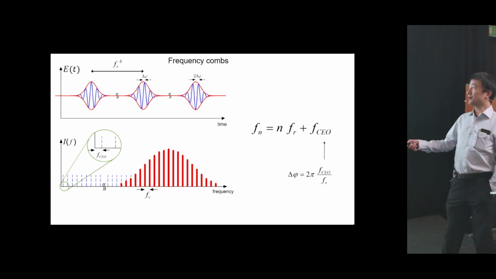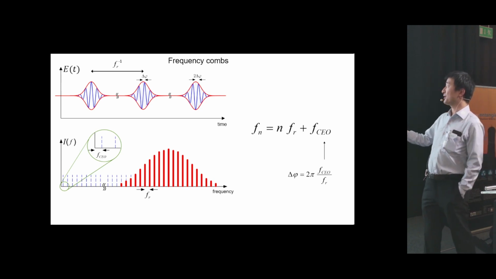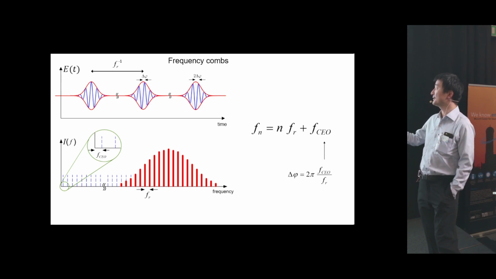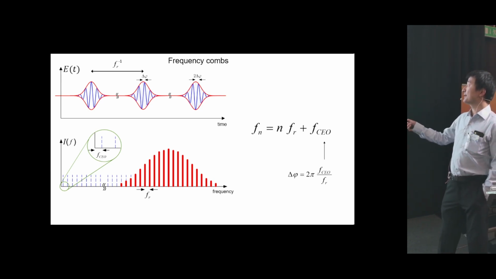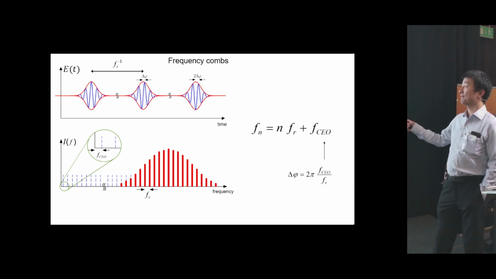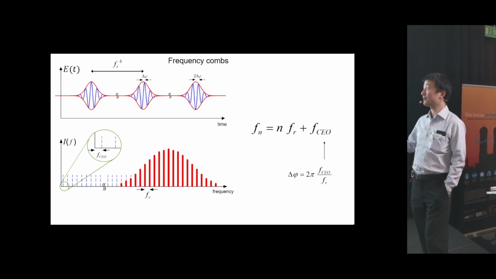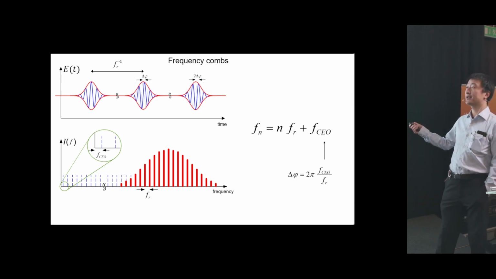And the optical frequency of each mode is given by this expression. This represents the optical frequency of the nth mode, and it is given by n times the repetition frequency plus the offset frequency. These two parameters, the repetition rate and offset frequency, in a typical setup of optical frequency combs lie in the radio frequency domain of megahertz to gigahertz.